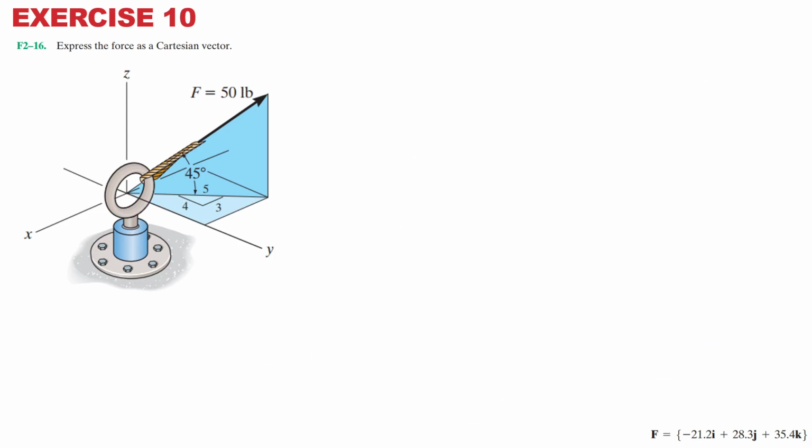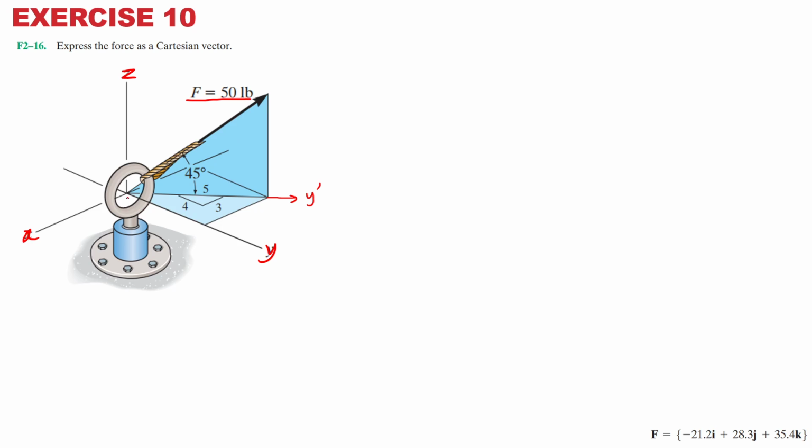So moving on. This is another problem. Currently, let's analyze this one. This is your x, this is your y, this is your z. It's a 50-pound force. Again, you have to introduce an additional axis, and the axis is called y prime. 50 is here.